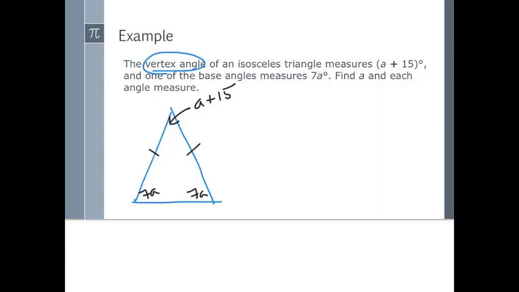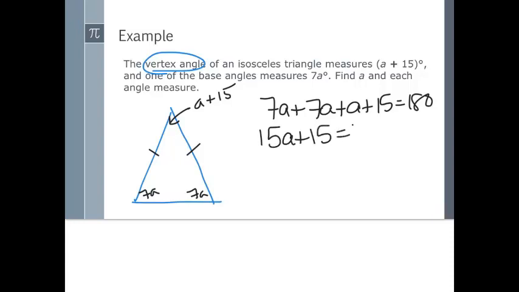Okay? Well, we're going to use the triangle sum theorem here as well, because we know that 7A plus 7A plus A plus 15 is 180. So that's 15A plus 15 equals 180.